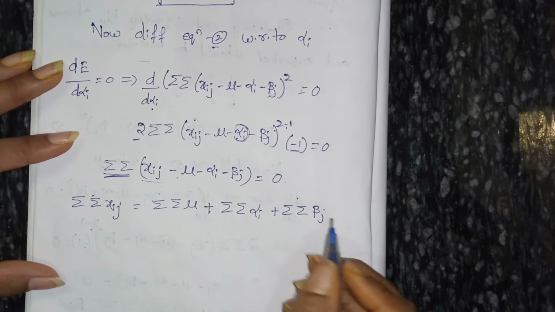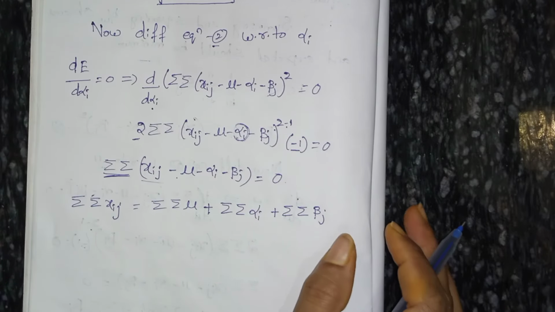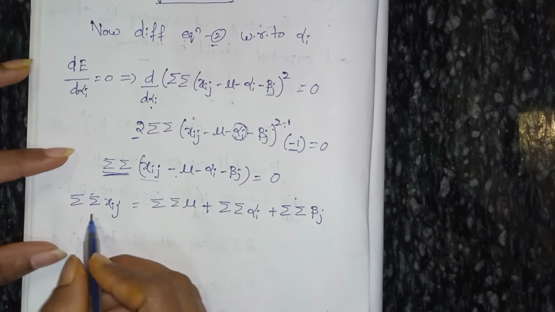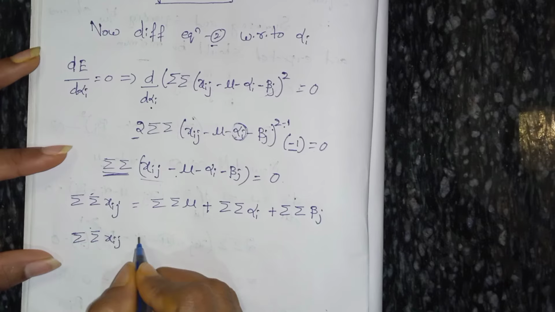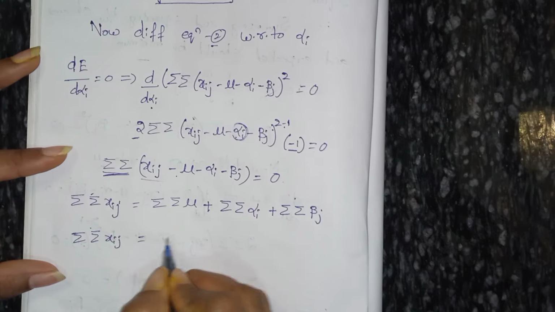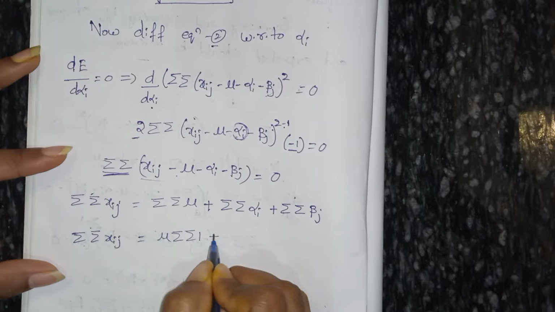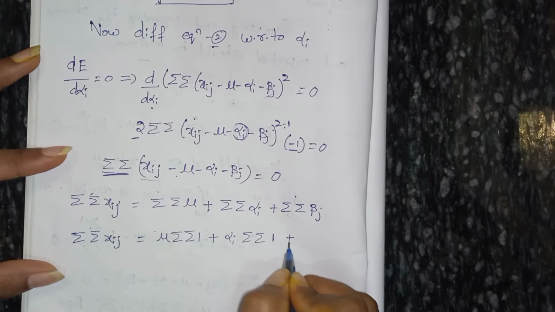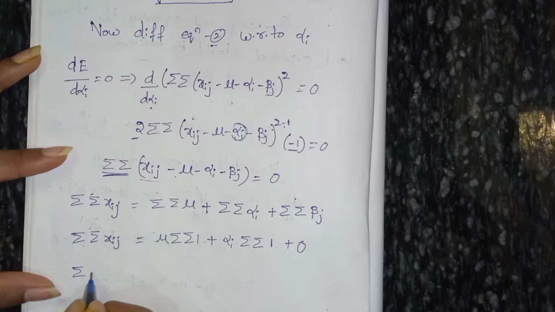Taking from LHS to RHS, it becomes positive, plus double summation alpha i plus double summation beta j. Now, as we know that we are going to concentrate on alpha i, beta j becomes 0. So double summation xij equals mu into double summation 1 plus alpha i into double summation 1, plus this value becomes 0.